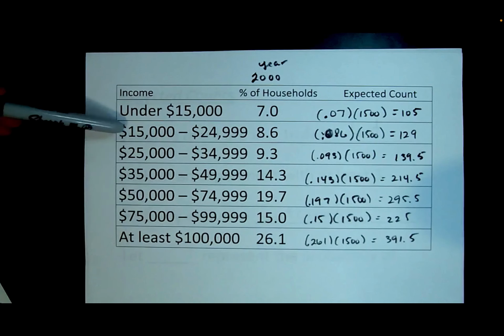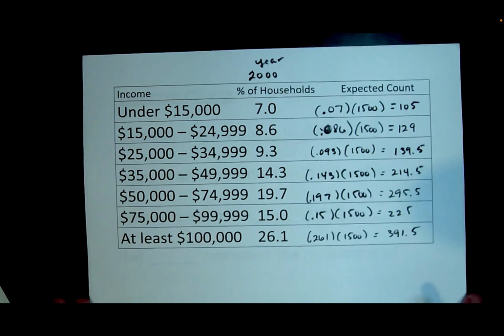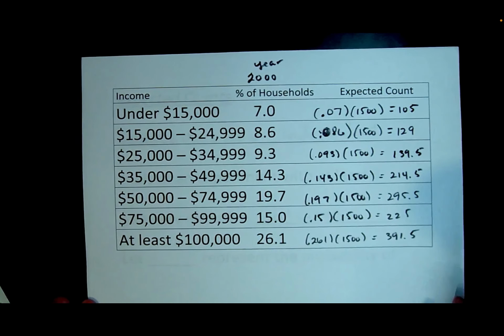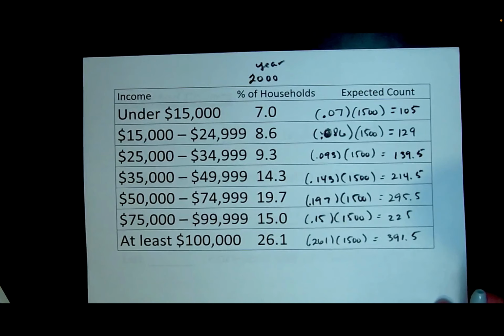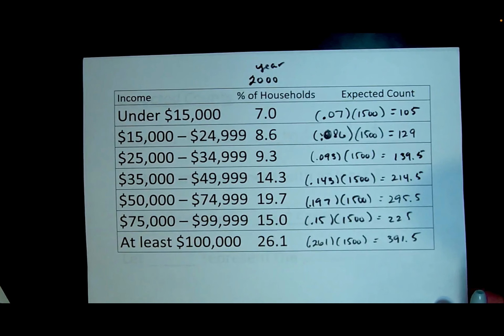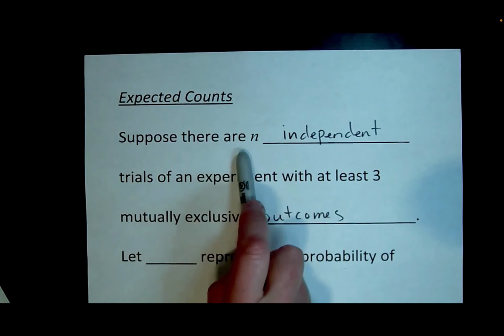So you find out that they fall into one of these 7 categories after you find their household income. Okay, so you do that trial of selecting a household and getting their income. How many times did she do it? 1,500 times. Okay, so that's the n independent trials.